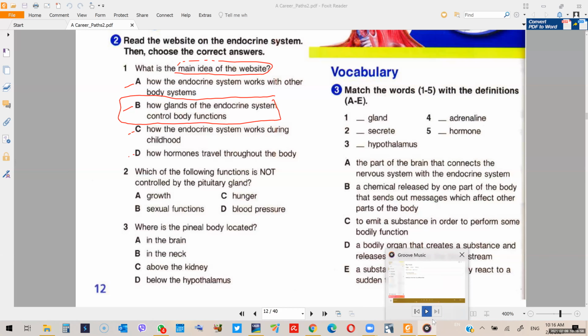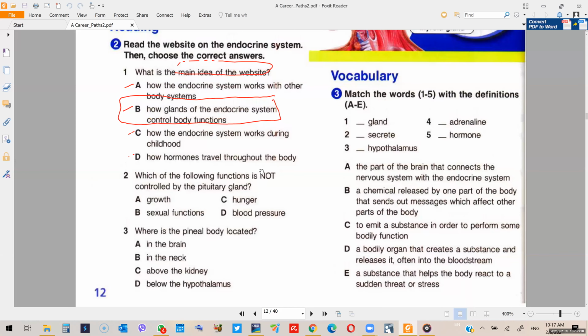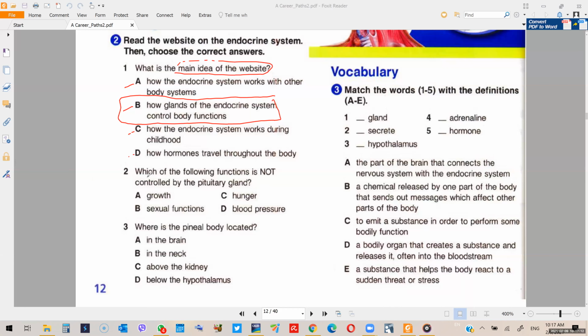Okay, so the functions, they are multifunctions. Question number 2, which of the following functions is not controlled by the pituitary gland? Is it growth? Is it hunger? Is it sexual functions or blood pressure?